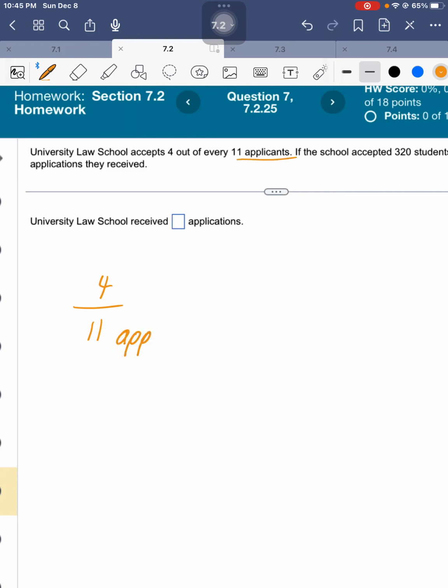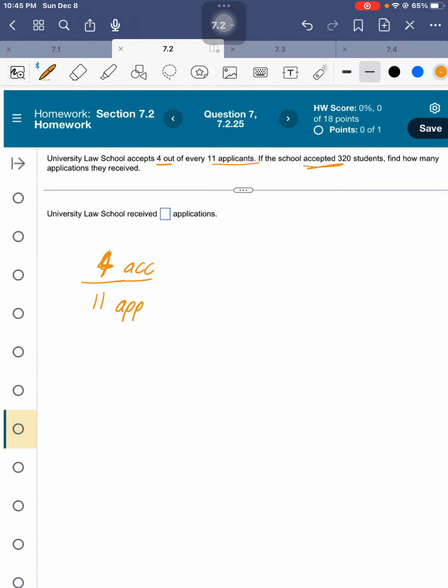University Law School accepts 4 out of every 11 applicants. So here for sure we can write applicants. What is the top for? University Law accepts 4 out of every whatever. So let's put acceptances, ACC for acceptances.